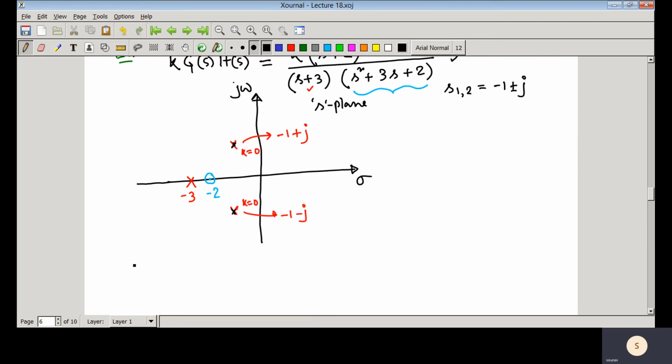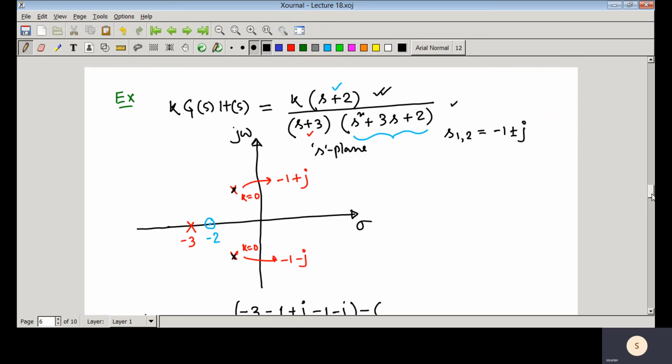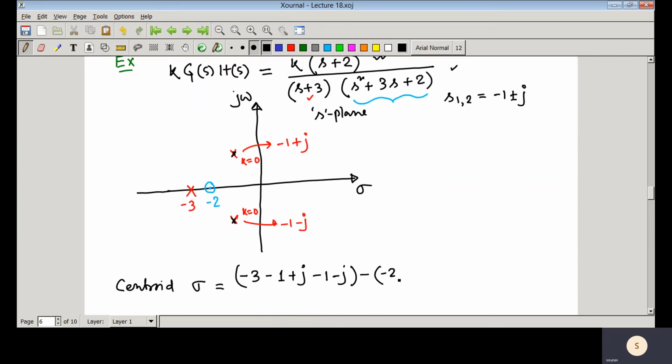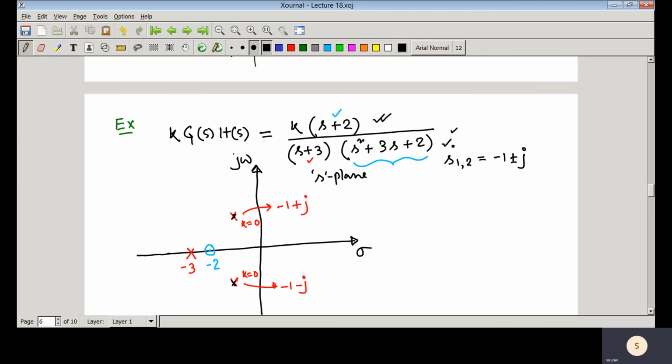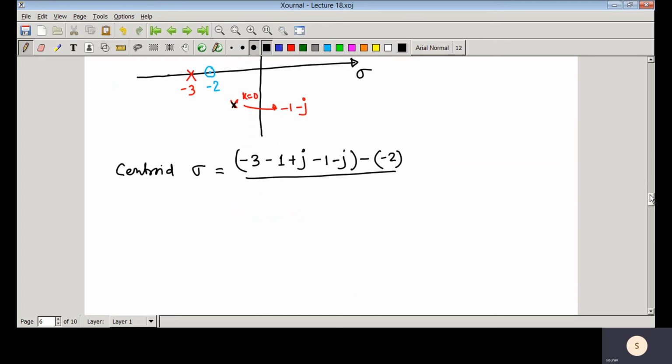So if we apply those formulas, the centroid sigma is the summation of open loop poles, that is minus 3, and here you would have minus 1 plus j and minus 1 minus j, and the finite zero is at minus 2. Here you can see that you have 3 finite poles and 1 zero, so that is 3 minus 1.